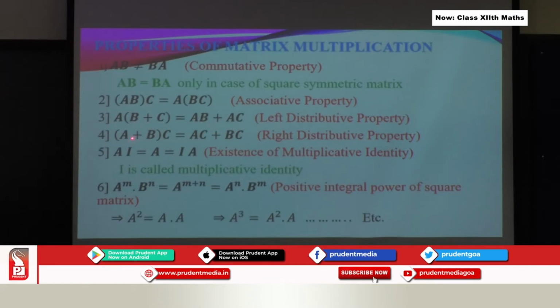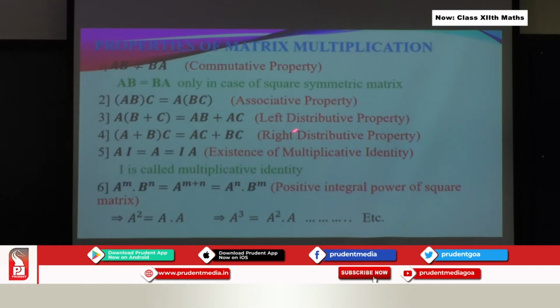It is getting distributed over addition, so you are getting AB plus AC. It is getting distributed over addition from the left. That's why it is called the left distributive property.